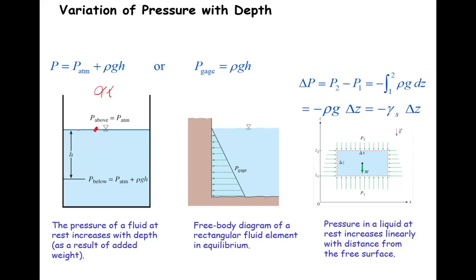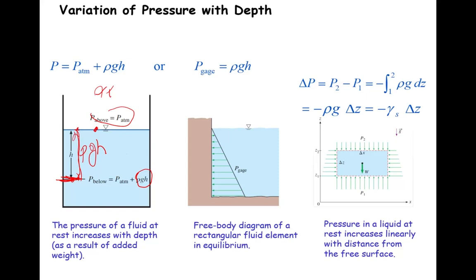Now, what will happen if we go down into the liquid below the surface by, let's say, h? Then the pressure would be rho gh. That means the pressure from here to there due to this liquid would be rho gh. If we want to see what the absolute pressure would be here, it would be atmospheric pressure on the surface plus the pressure due to the column of liquid here.